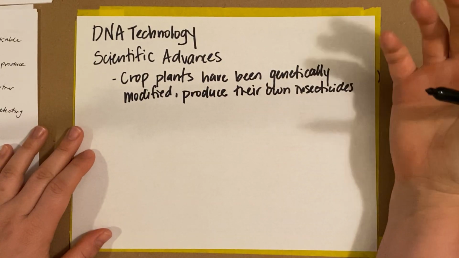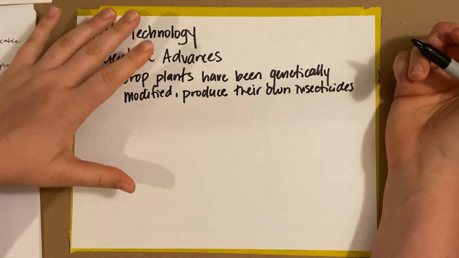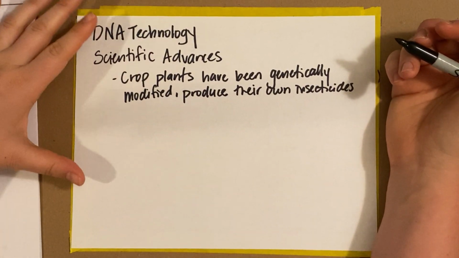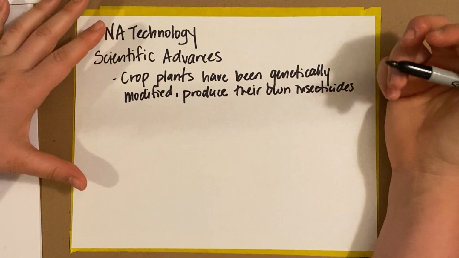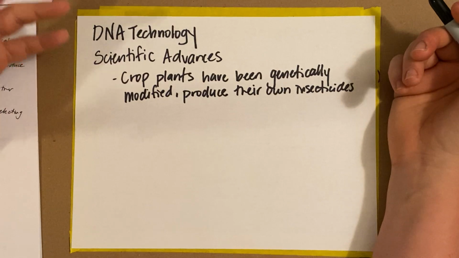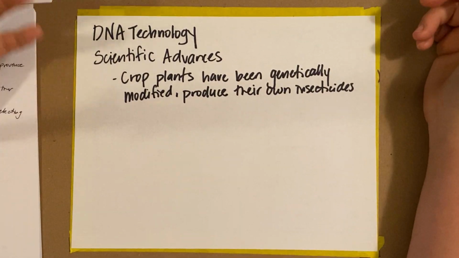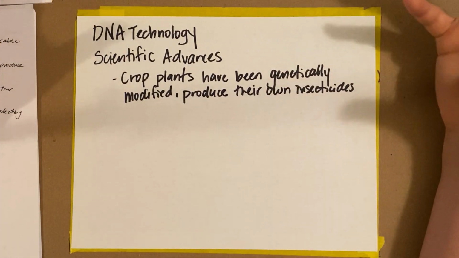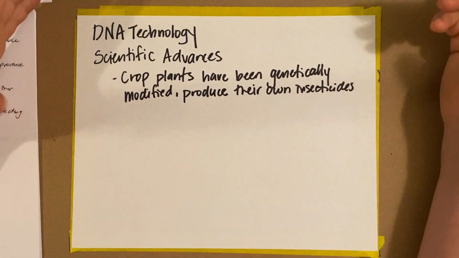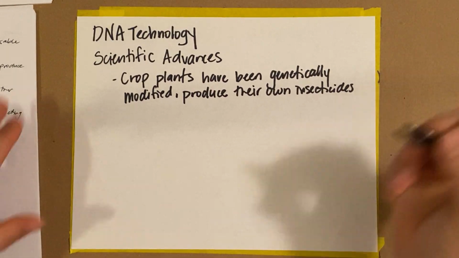So instead of having to spray pesticides onto crops, the crop plants actually have a built-in insecticide inside of their cells, and so insects can't eat it without getting sick, and it's not dangerous to us because the insecticide only works on insects. And so this is something that's happened with a lot of crops.